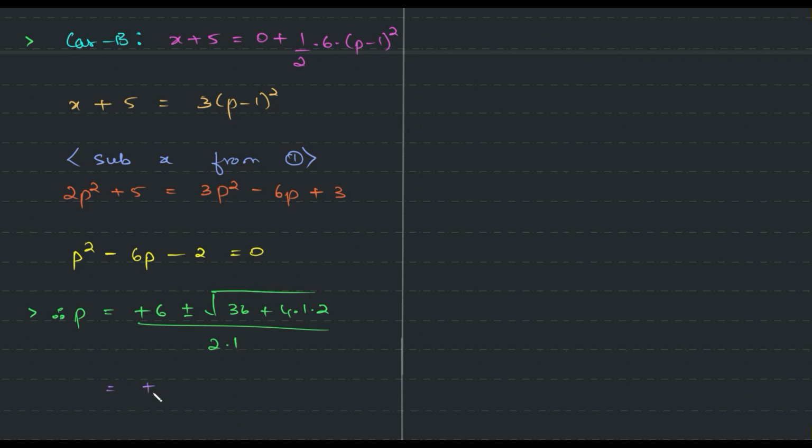So this will be 6 plus or minus root of 36 plus 8, which is 44, by 2. So 44 can be further reduced as 6 plus or minus 2 root of 11 by 2. So which is 3 plus or minus root of 11.